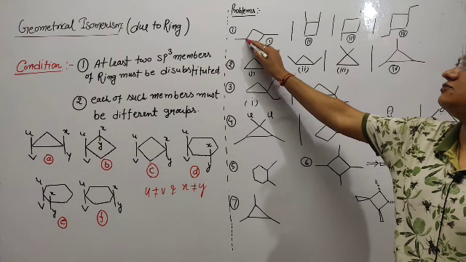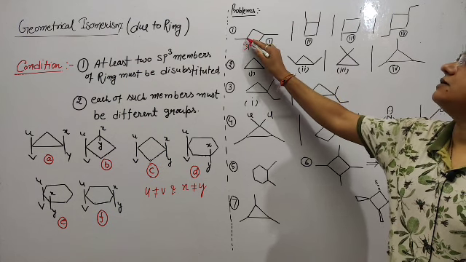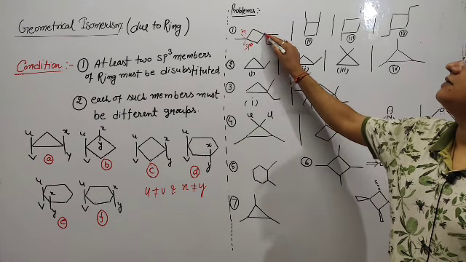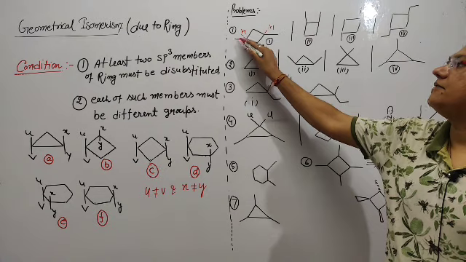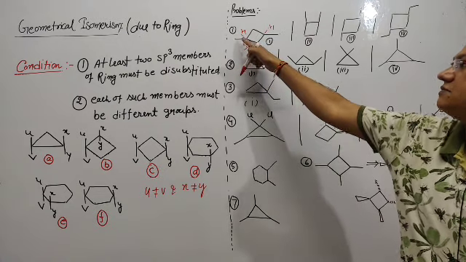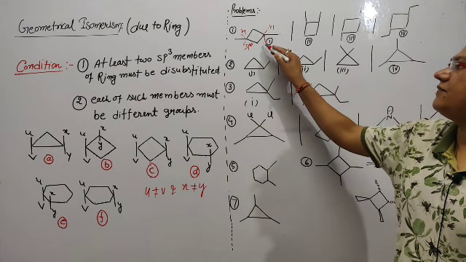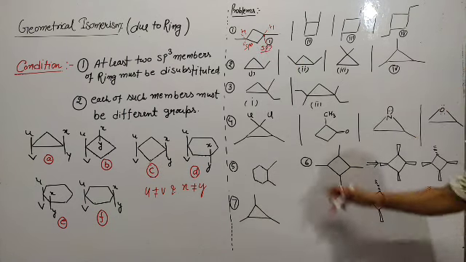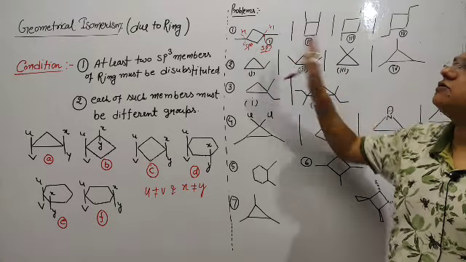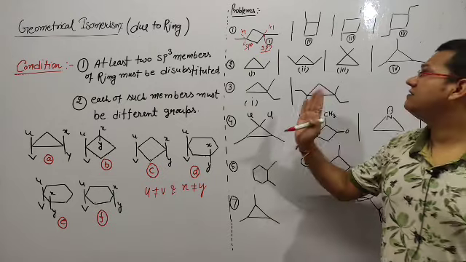In the first case, so many problems I want to discuss with you. In the first case, what is this, student? sp3, because here there is one hydrogen, this is methyl, and this also has methyl or hydrogen, two different groups, hydrogen or methyl, sp3, and two different groups. Two carbons on this ring are sp3 hybridized and both have different groups, so geometrical isomerism. One is cis, another is trans.